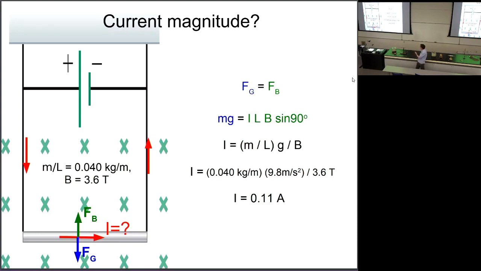We can fill in the mass per unit length, that was 0.04 kilograms per meter. We can fill in the gravitational field and the magnetic field, and if we do that, you get 110 milliamps, 0.11 amps. And so that's the magic current that floats the wire, without any tension in the vertical cables or wires that were supporting the wire.